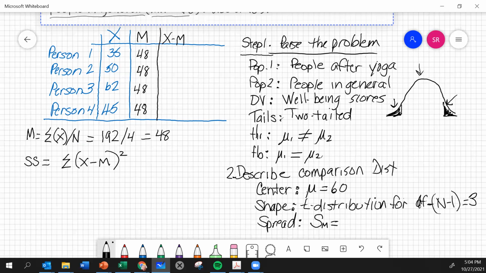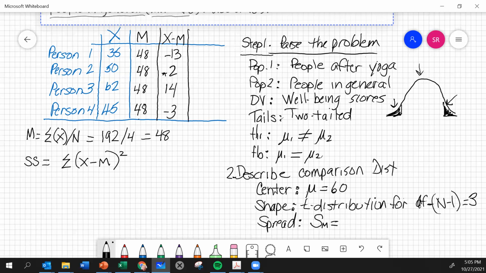And in doing so, I find that 35 minus 48 equals negative 13. 50 minus 48 is 2. 62 minus 48 is 14. And 45 minus 48 is negative 3. Those are our deviations.